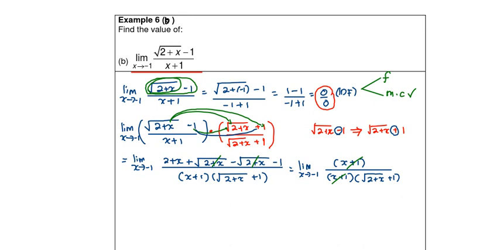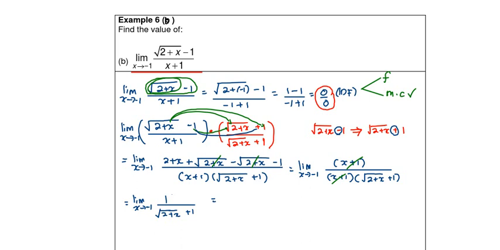Now, we substitute x equal to -1 in this function. Limit x approaches -1 of 1 over square root 2 plus x plus 1.